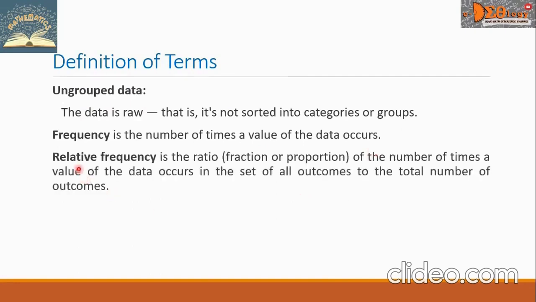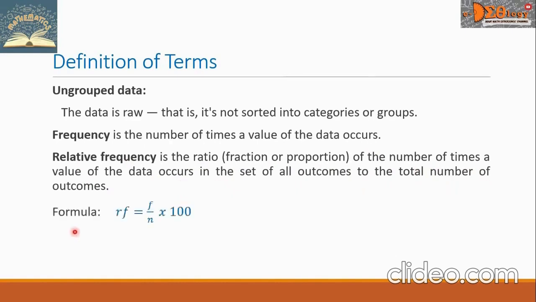Next term is the relative frequency. It is the ratio, fraction or proportion of the number of times a value of the data occurs in the set of all outcomes to the total number of outcomes.